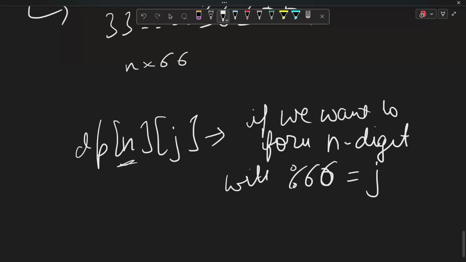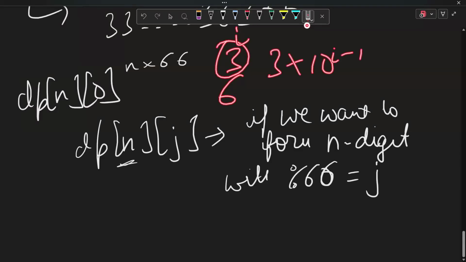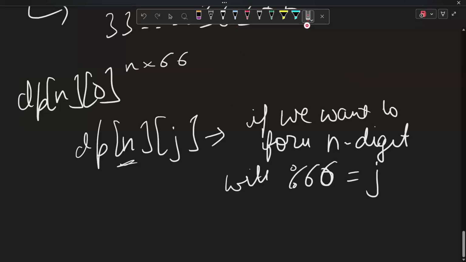So my final answer would be DP n 0. We need to find whether an n digit number with modulo 66 equal to 0, which is divisible by 66, can be formed. Now to write the transitions, for any digit I can place either a 3 or a 6. When I place a 3 at the ith digit, I am basically adding 3 into 10 to the power i minus 1 to my answer. Through this I was trying to calculate the transitions.